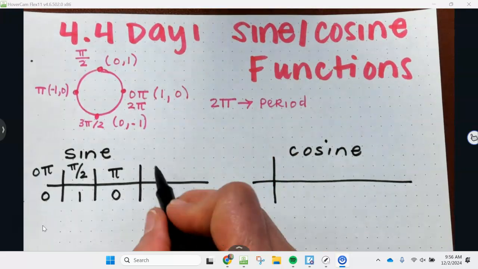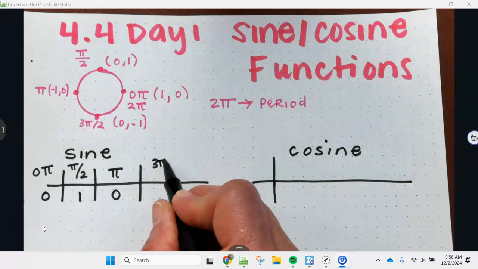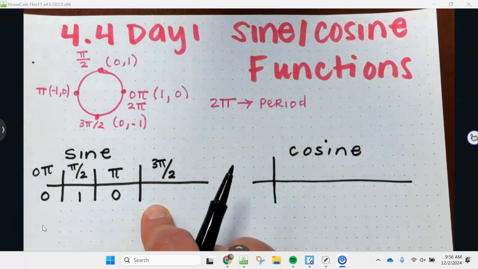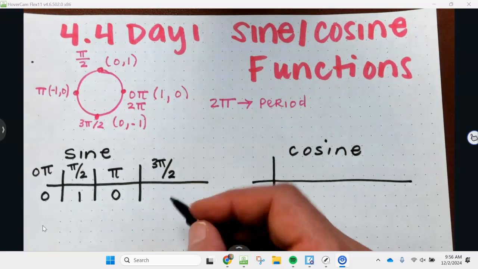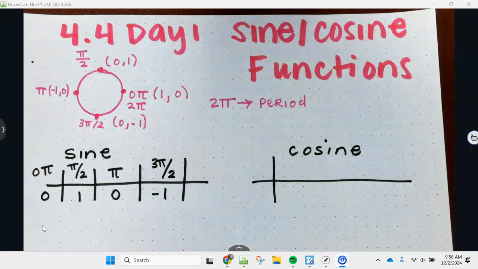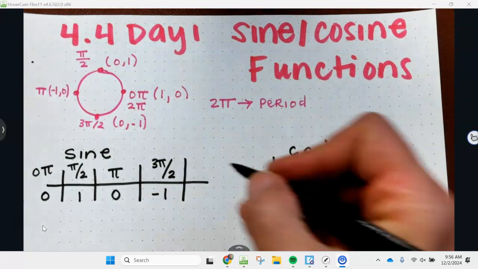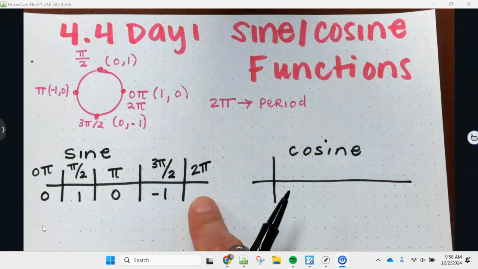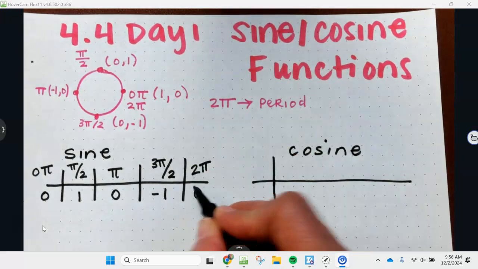The bottom of the unit circle, 3 pi over 2, that's where sine reaches its lowest value. The lowest sine ever gets is -1. And to complete that period, to go back where I started at 2 pi, I know that sine is 0.